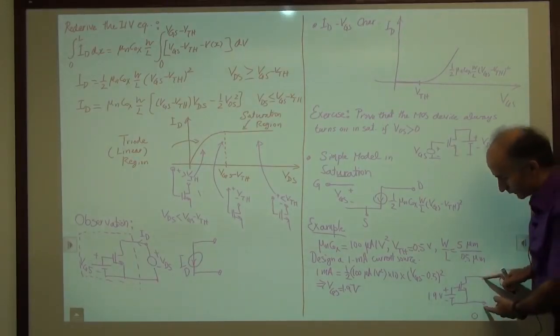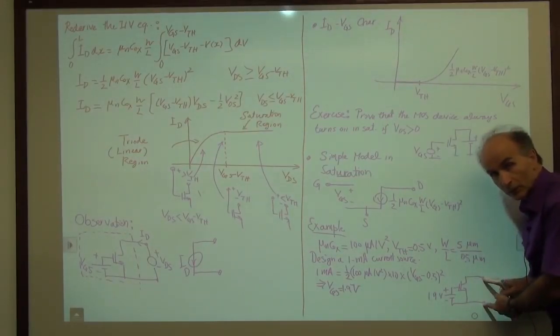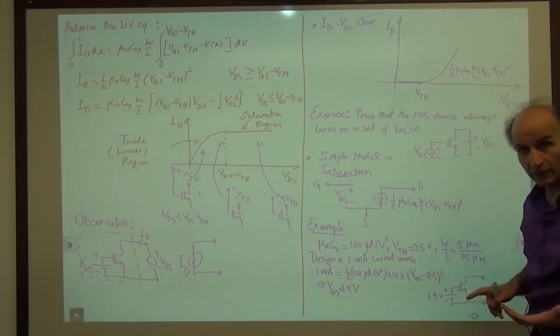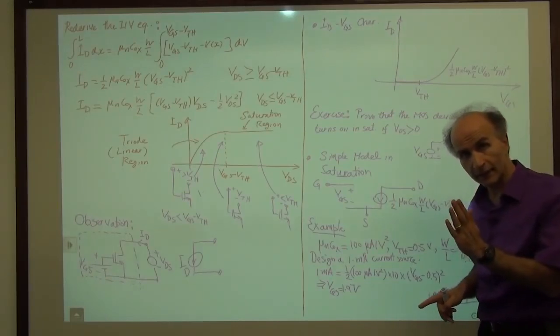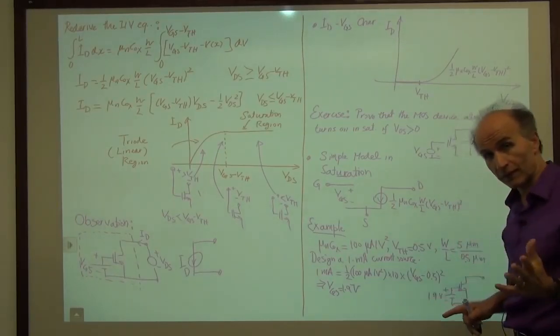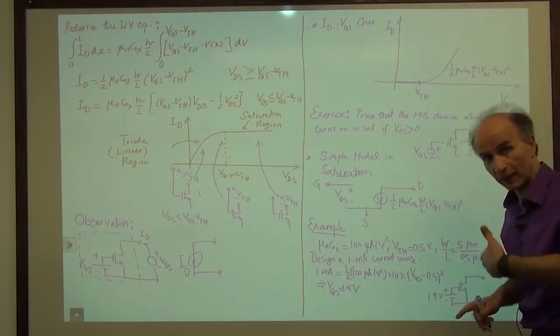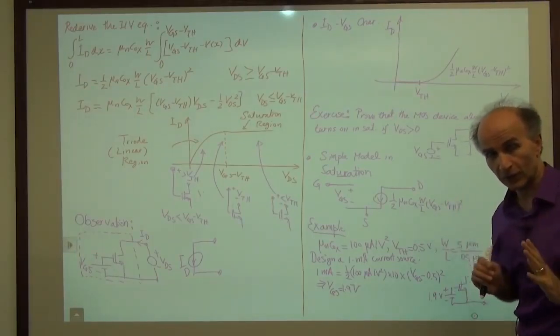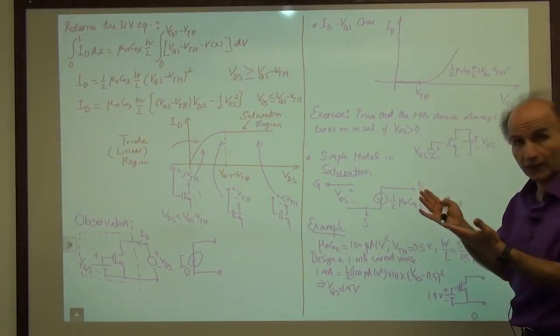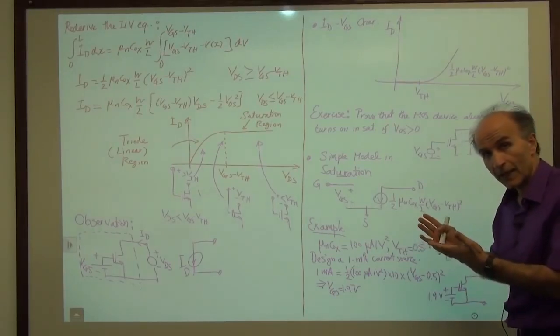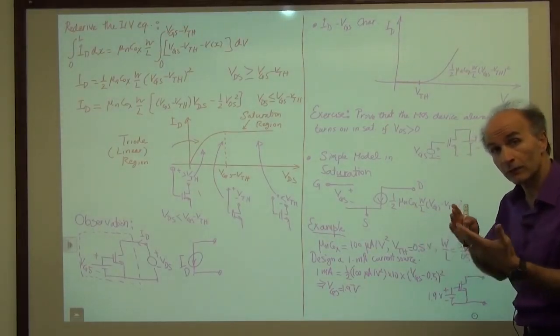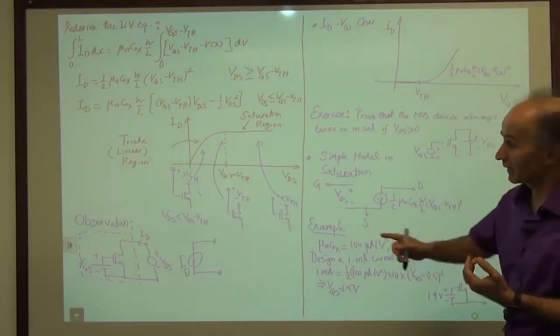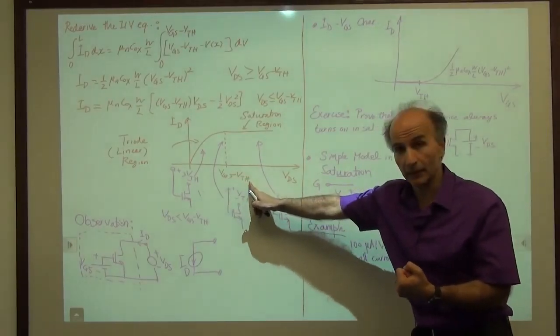So can the voltage across this current source go to 0? In basic circuit theory, we said the current source holds its current constant regardless of the voltage across it. You can have 0 on it, you can have negative, positive, it always holds its current. But this is of course not an ideal current source. It has to have a certain VDS before it becomes a current source. And the VDS has to be greater than this amount.